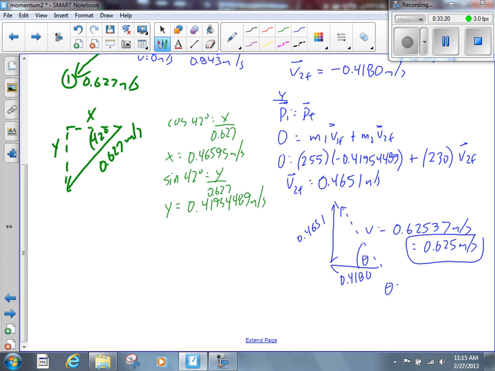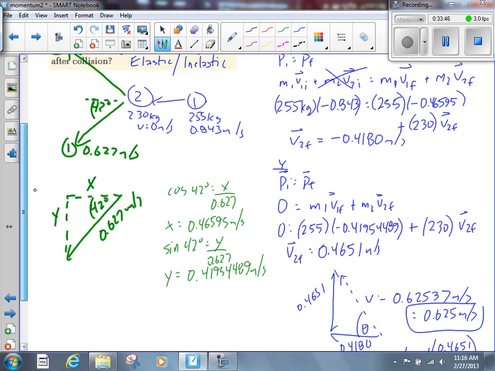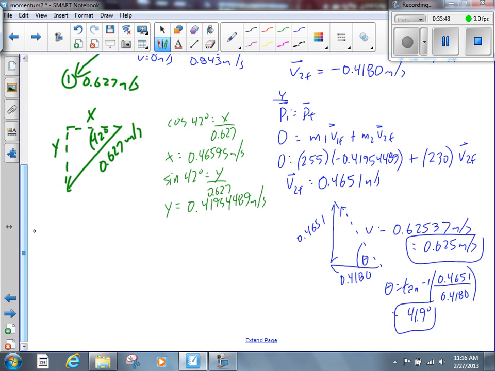The angle is the inverse tan function of opposite over adjacent: 0.4651 divided by 0.4180. What do we get for that? 41.9 degrees. All right, so we solved the first part of the question here. We found the final velocity of that second object, that second bumper car: 0.625 at an angle of 41.9 degrees.